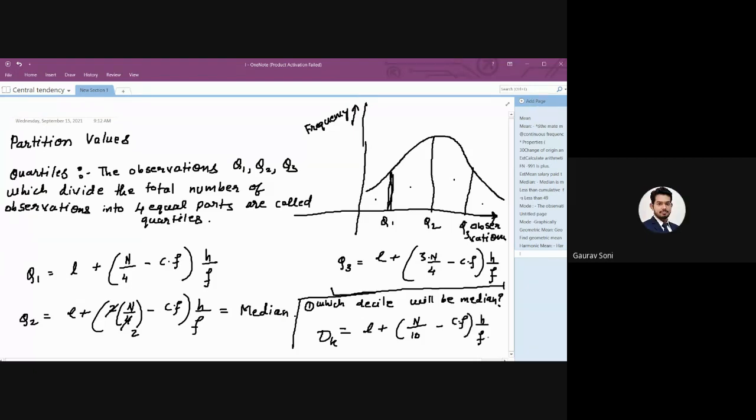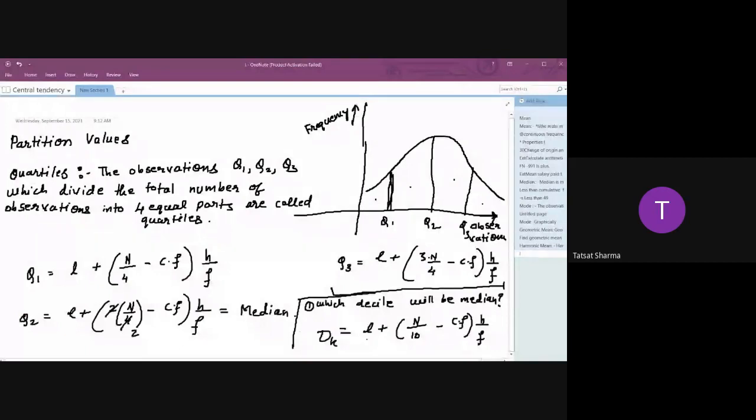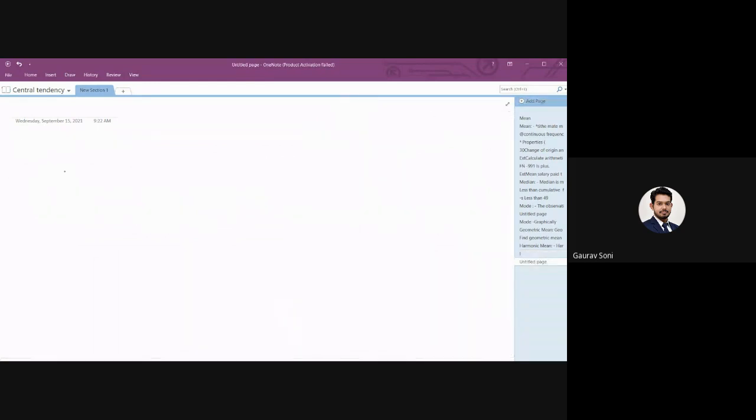Will it be the same for all the deciles? Maybe. So I guess the n by 10 would be multiplied by 5. Why 5? Because it's decile, so 10, so median would be 5. Okay, let me go to the next page.